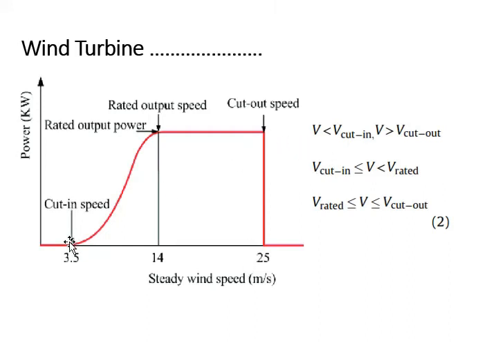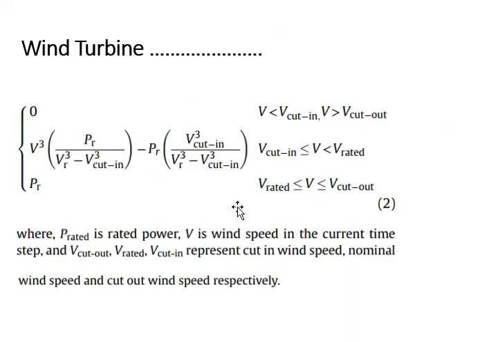The output will be 0 if the velocity is below the cut-in speed, or above the cut-out speed. In between there will be some power. So this indicates that the output will be 0.